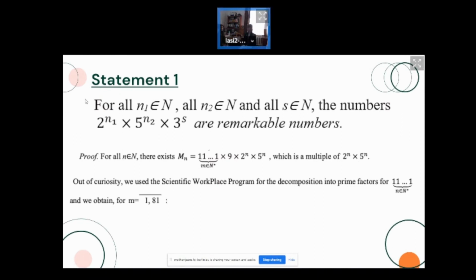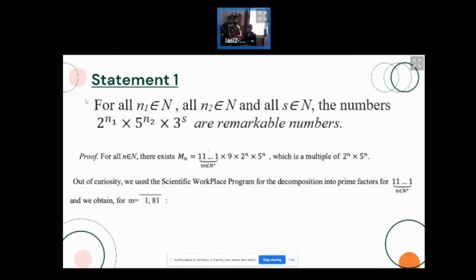The proof: for all natural numbers n, there exists Mn equals 111 taken m times, multiplied by 9, multiplied by 2 to the power of n, multiplied by 5 to the power of n, which is a multiple of 2 to the power of n multiplied by 5 to the power of n.